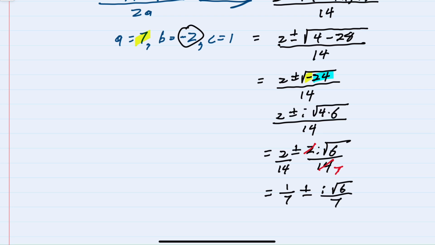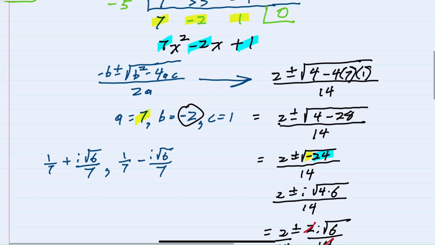These are our last 2 zeros. They're both complex. The first one is 1/7 plus i square root of 6 over 7. The second one is the negative, so 1/7 minus i square root of 6 over 7.